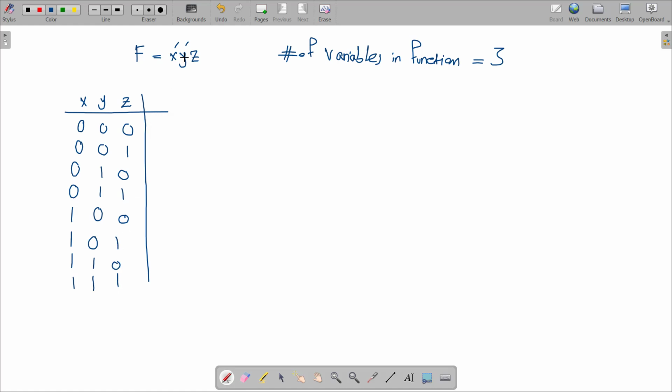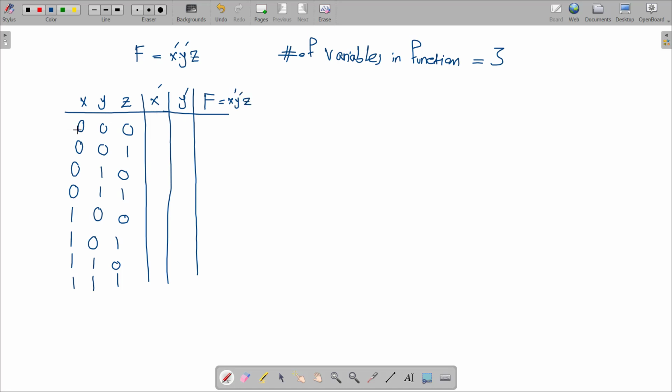Now, because I want to produce this f, and here I have x prime, I create the column of x prime, and also I have y prime, so I create the column of y prime, and using x prime y prime z, I can produce f, which is equal to x prime y prime z.